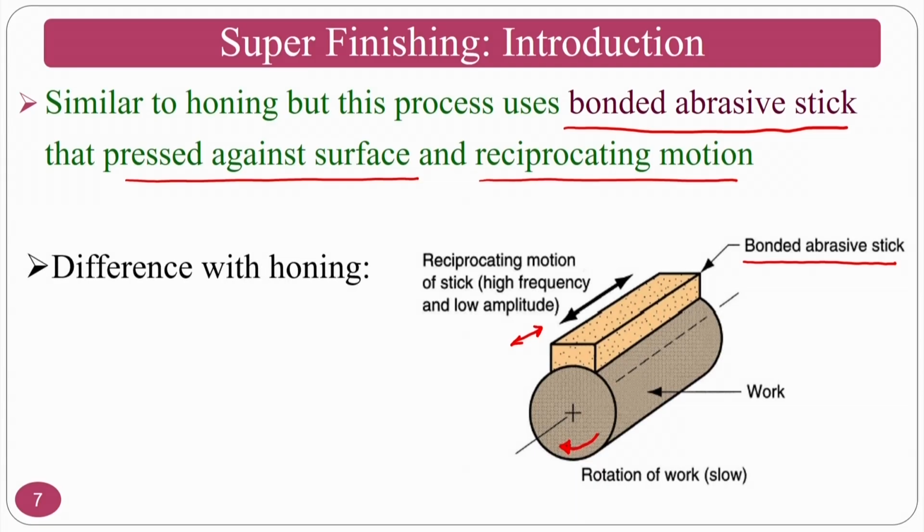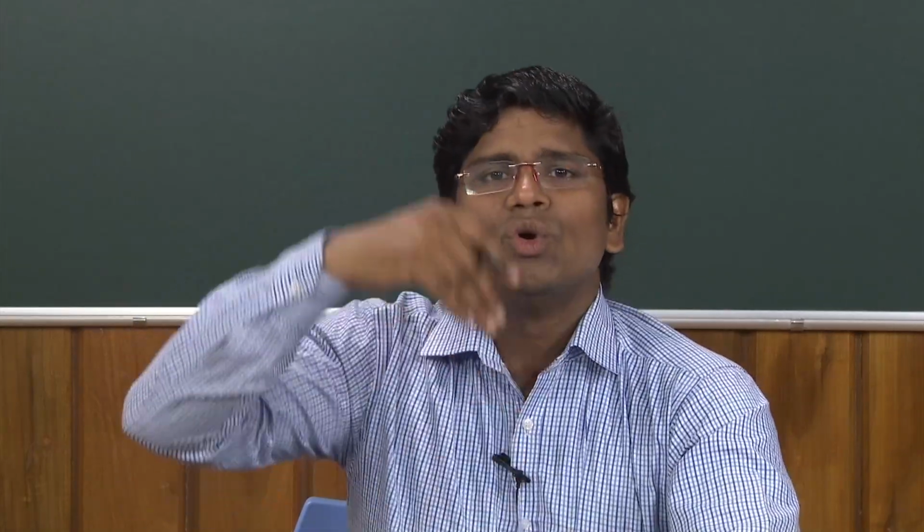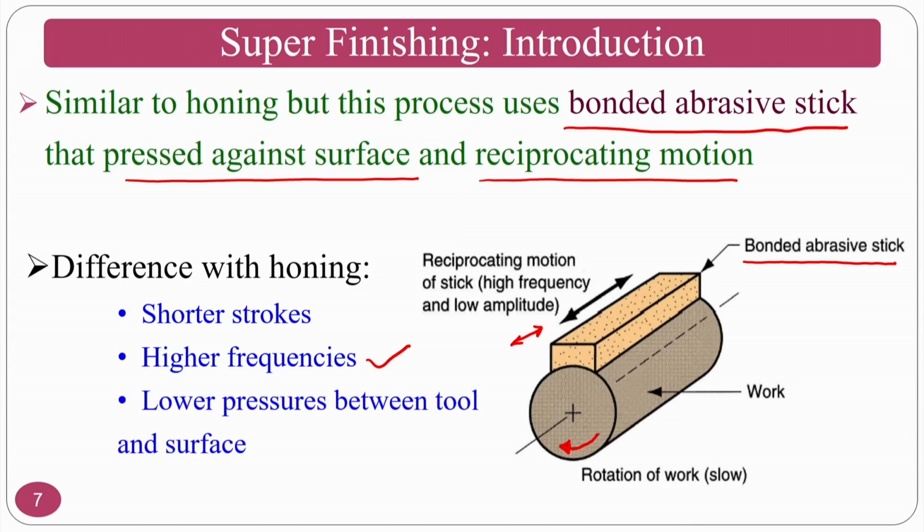Regarding the difference between honing and super finishing: super finishing has shorter strokes, whereas in the honing process the tool reciprocates and rotates throughout, for example, an engine block. So the stroke amplitudes are very high in honing, but in super finishing the strokes are very short and the frequency is very high, while the frequency in honing is very low. There are also lower pressures between tool and surface; normally this is a flexible stone, so the pressures are obviously very low.